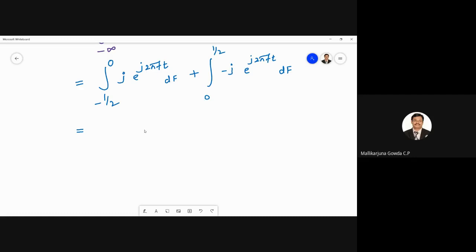You take small f only, or you can take capital F, better. Take capital F only. So with respect to that, you can write.